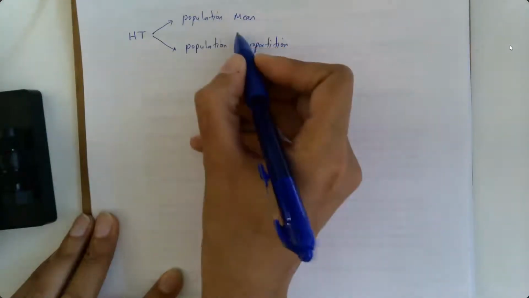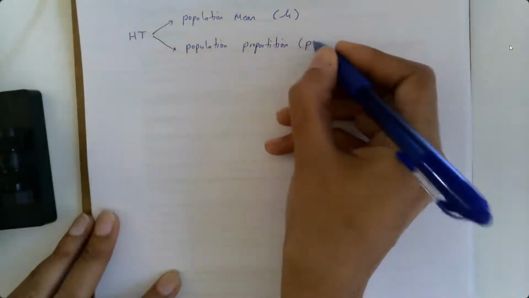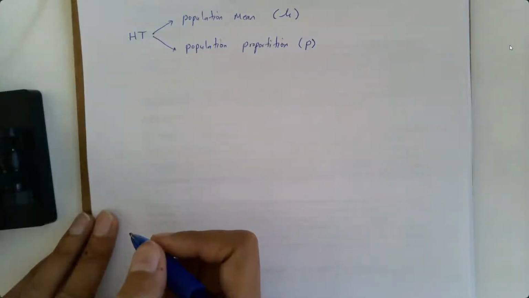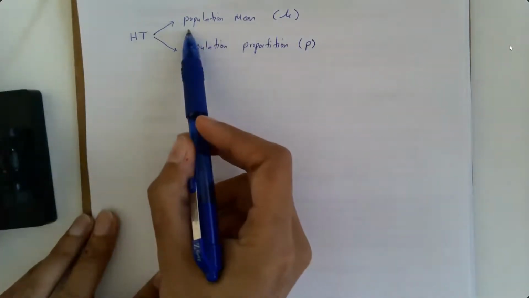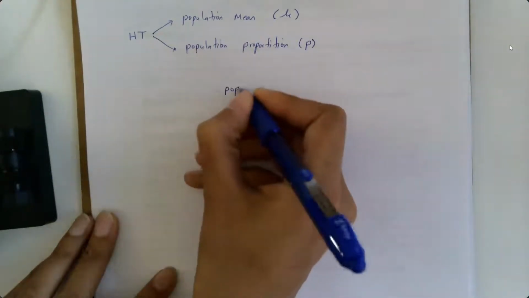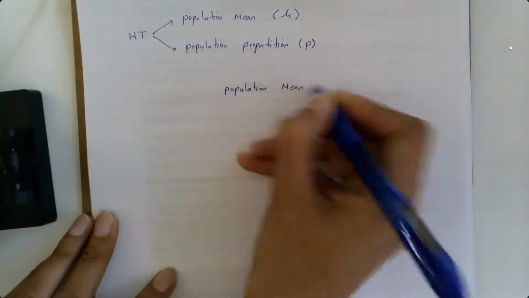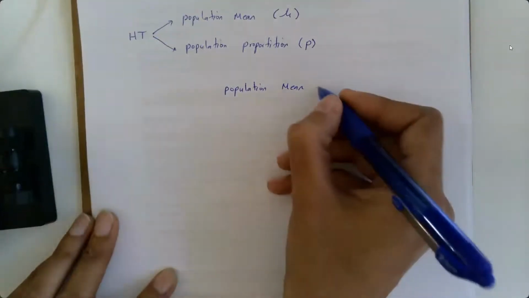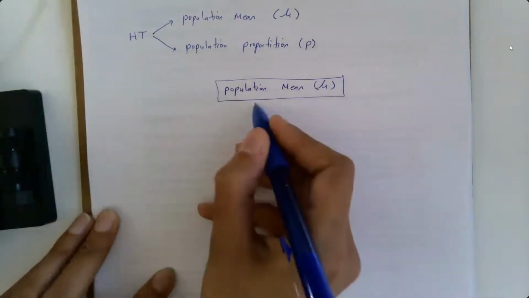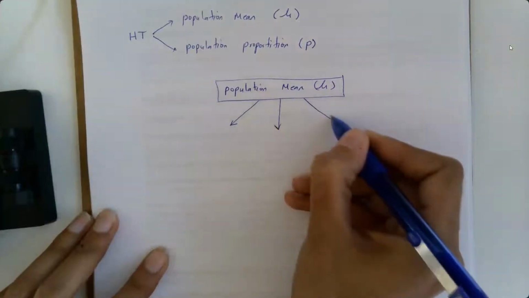So remember, population mean denoted by mu, and population proportion was denoted by P. Let us focus on population mean. So when we have hypothesis testing for population mean, we have three different scenarios. The first scenario, the second scenario, and the third one.